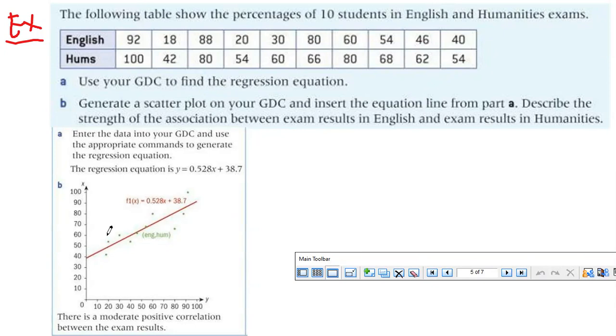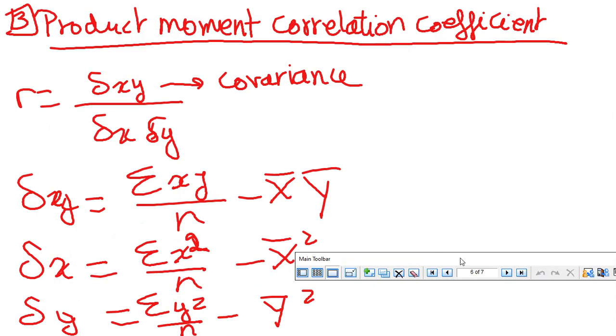If you graph the line, you see that the points are not very near to the line. It means it's a moderate positive correlation. It's positive because it's increasing, and it's approximately next to the line, so it's moderate. It's not a strong correlation, and it's not weak. It's a moderate correlation.